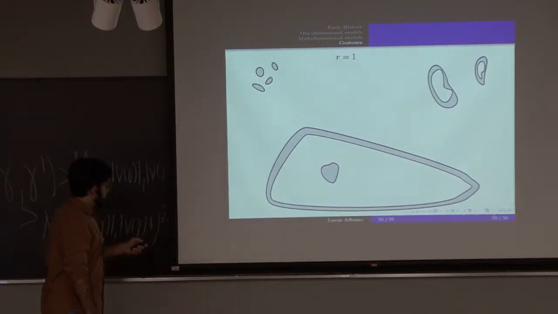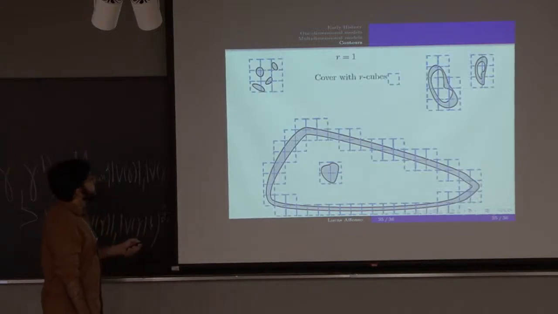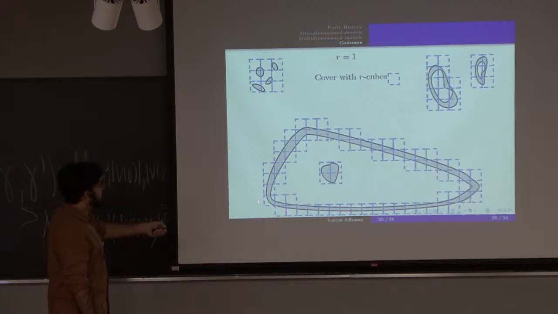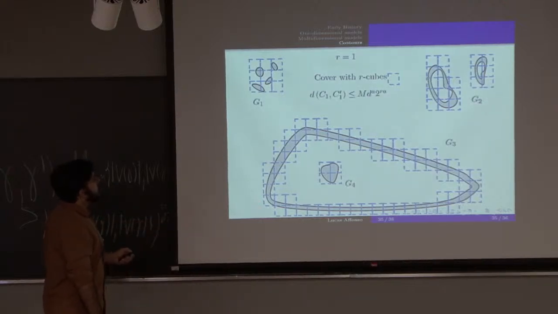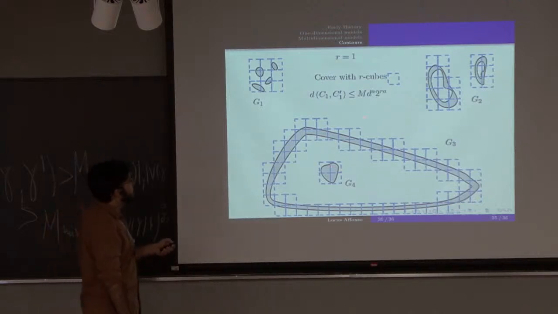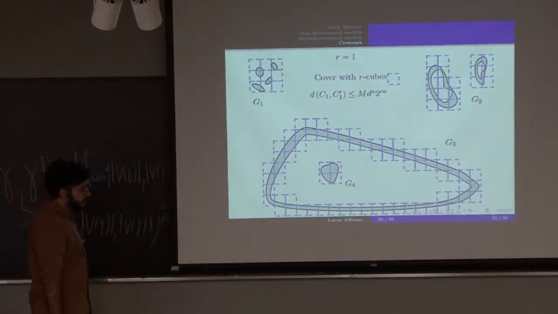You start here with the cubes, you take the covering, and then you consider a graph where the vertex set is given by the cubes, and there is an edge every time the cubes have a distance less than this R. This R is a parameter; it's arbitrary, and it's important only in some technical parts of the paper on the random field case.